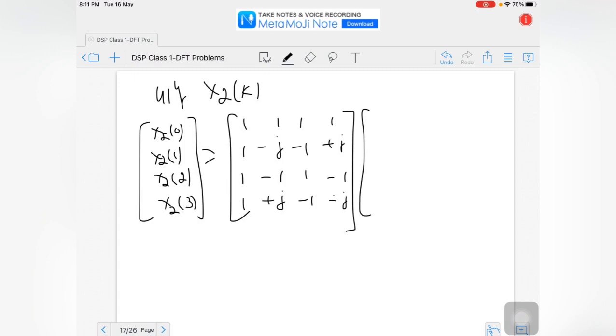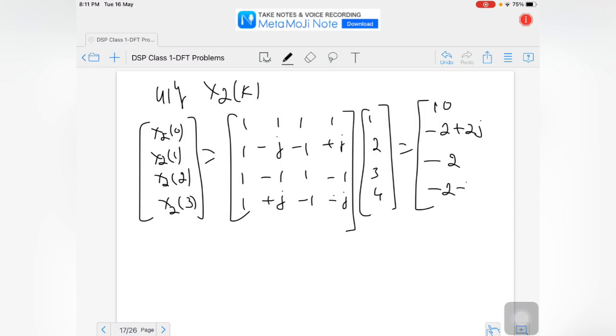The input sequence is 1, 2, 3, 4, and you will get 10, minus 2 plus 2j, minus 2, minus 2 minus 2j.